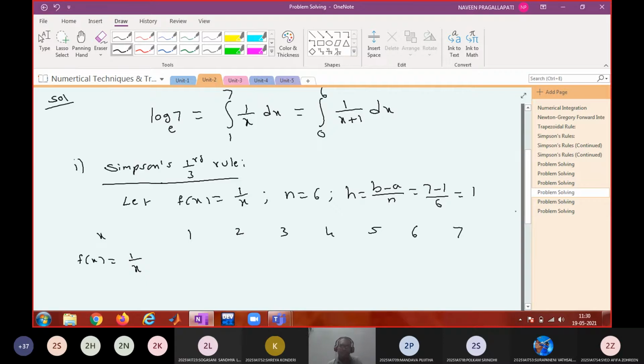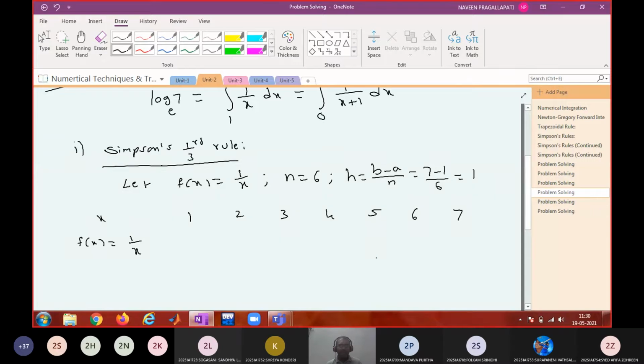And you'll get, fix the number of decimals to 4 and tell each one. What is 1 by 1? 1 by 1 is 1 only, 1.0000. 1 by 2 means 0.5000. 1 by 3 means 0.3333. 1 by 4 means 0.2500. 1 by 5 means 0.2000.